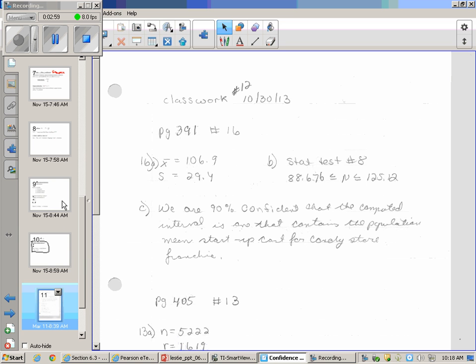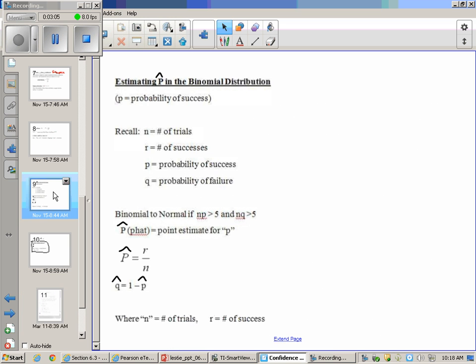Then we're going to go into population proportion. Estimating the p hat, that's the little caret on your calculator, in the binomial distribution. Remember that we did the binomial distribution where n is the number of trials, r is the number of successes, p is the probability of success, and q is the probability of failure.